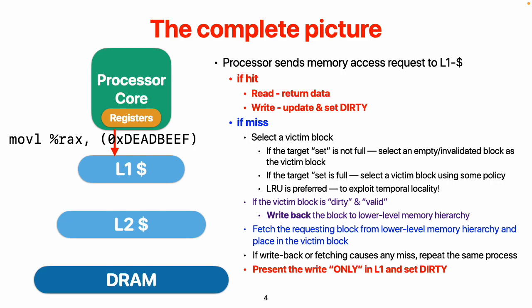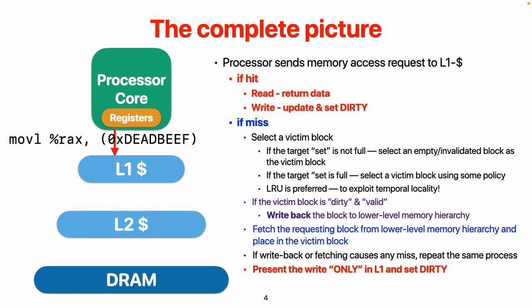For example, your processor may issue a move command that would intend to update data in your memory. However, as we said, this is a strict hierarchical structure. So it turns out that your processor always interacts with only one unit in the memory. That is actually the topmost of the memory hierarchy. That's your L1 cache. So the processor itself won't talk to anyone else except for the L1 cache.